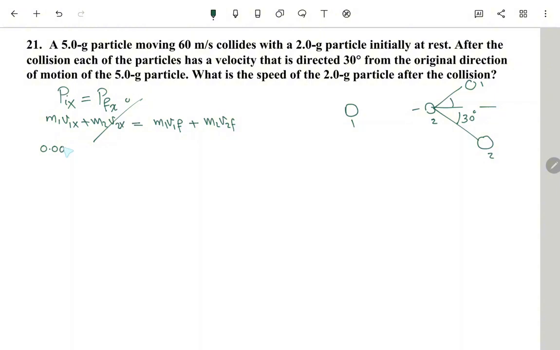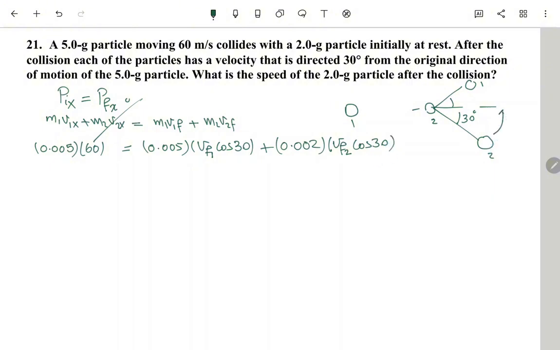So 0.005, it has to be in kilograms, times 60 equals 0.005 V1 final cosine theta plus 0.002 V2 final cosine theta, the x components. Upon simplifying, 0.3 divided by cosine theta equals 0.005 V1 final plus 0.002 V2 final. Let's keep this equation.